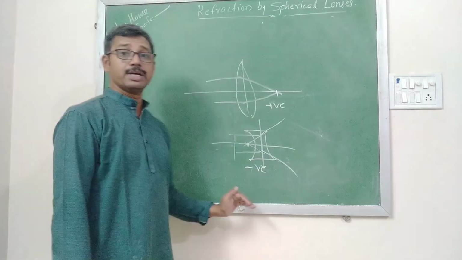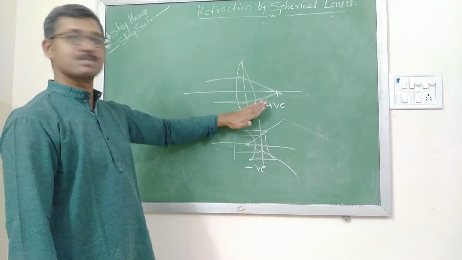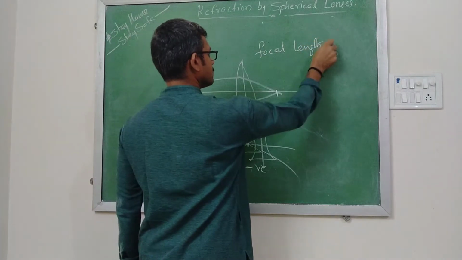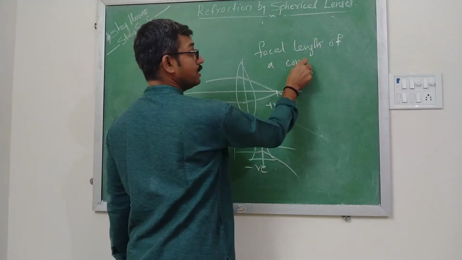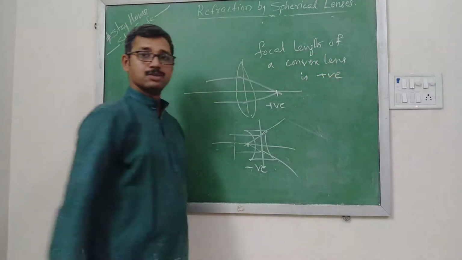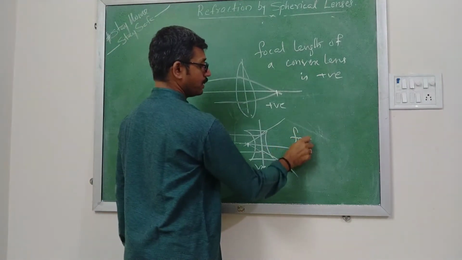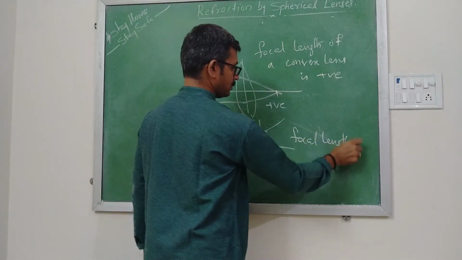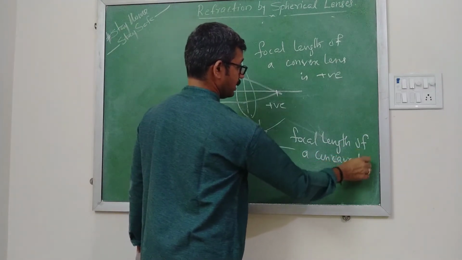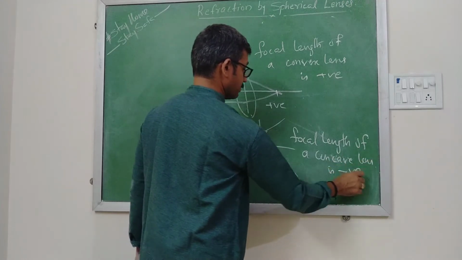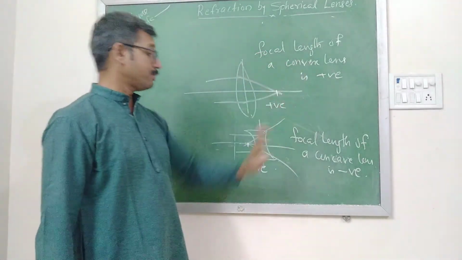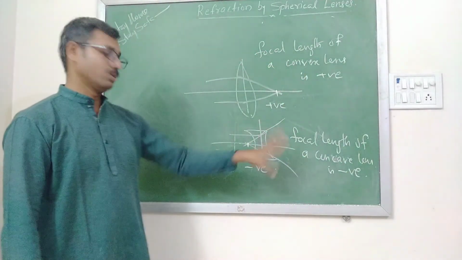So the focal length of a convex lens is positive, and the focal length of a concave lens is negative. So if the focal length is given as positive, you can understand it is a convex lens, and if the focal length is given as negative, you can understand it is a concave lens.